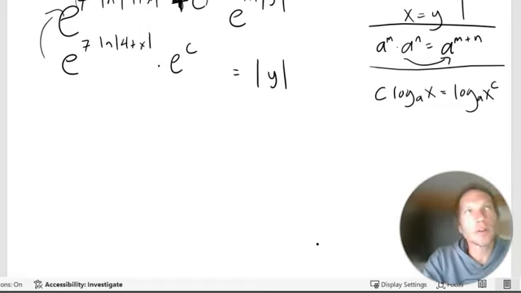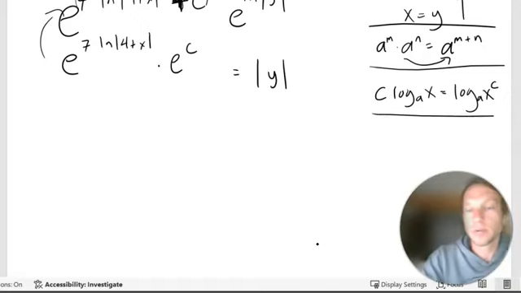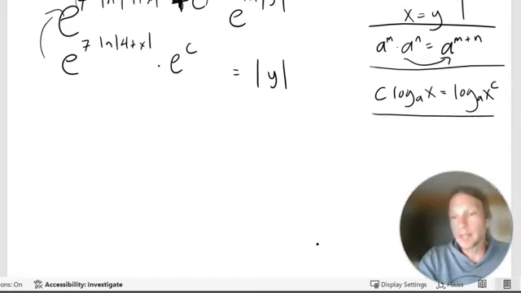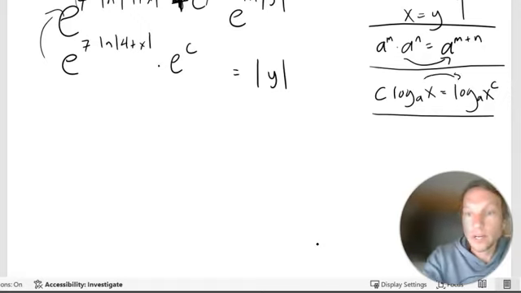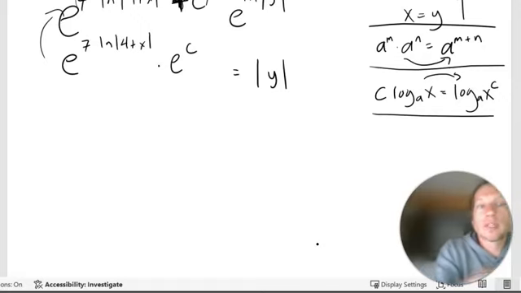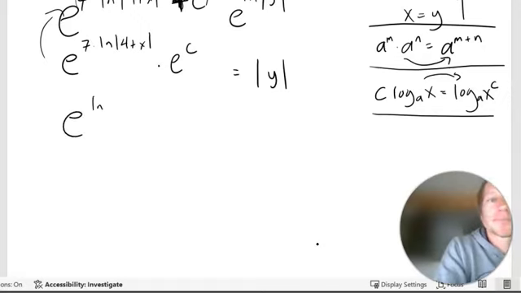That has something to do with the relationship between logs and exponentials, but I won't get into that. So we're going to go in this direction. In other words, I can take the constant multiple that's multiplied by a log expression and make it the exponent. A very, very useful algebraic property in calculus.